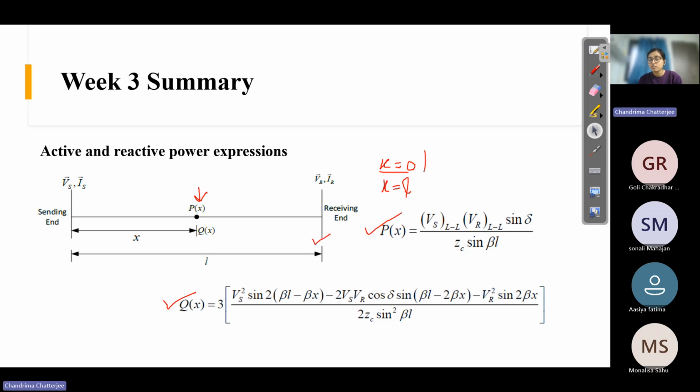You can also do the vice versa: calculate from the receiving end and find the expressions. That point may be x distance away from the receiving end. The expressions will be the same, just how you want to express it, from the receiving end side or from the sending end side.